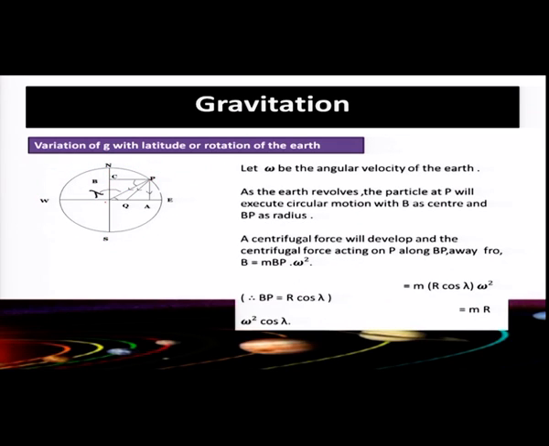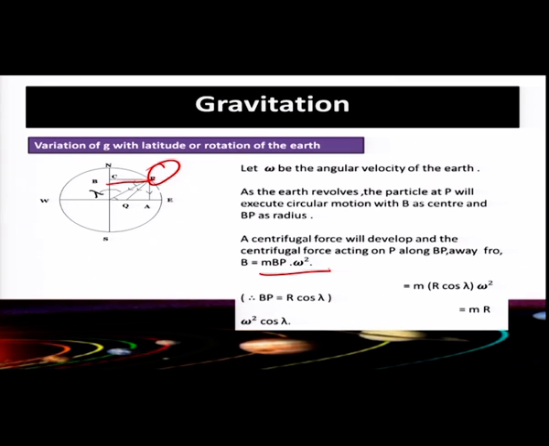Let omega be the angular velocity of the earth. As the earth revolves, the particle at P will execute a circular motion with B as the center and BP as the radius. Therefore, a centrifugal force will develop, acting on P. The centrifugal force is m BP omega squared.